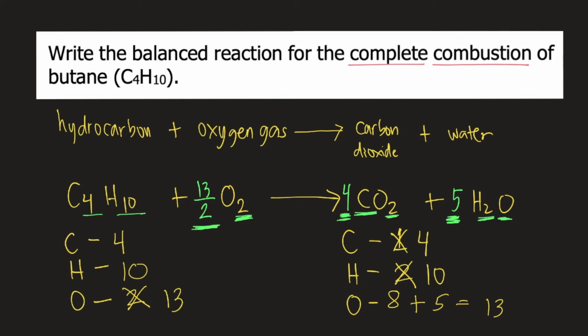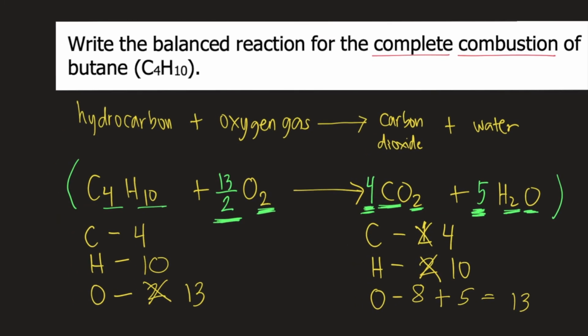However, most professors do not want fractions as coefficients in a balanced equation. They prefer whole numbers. So how do we get rid of the fraction? What you need to do is to multiply the entire equation by 2. So let's start with C4H10. 2 times 1, which is the coefficient of C4H10, that's equal to 2.